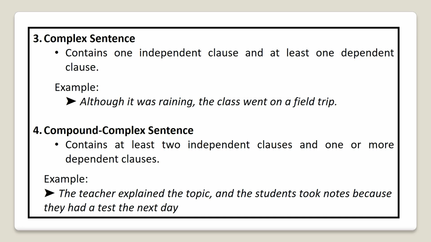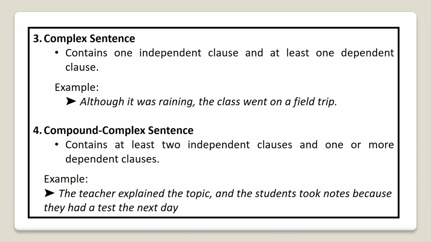Sentences with at least two independent clauses and one or more dependent clauses are called compound-complex sentences. So basically there are four types of sentence structure: the simple sentence, the compound sentence, the complex sentence, and the compound-complex sentence.